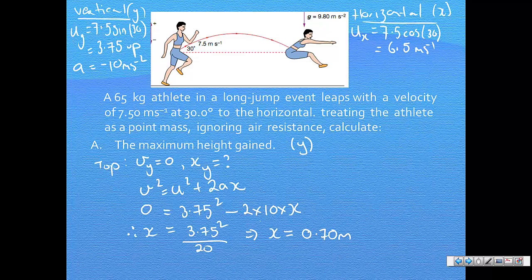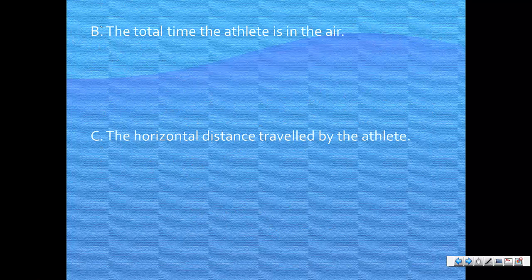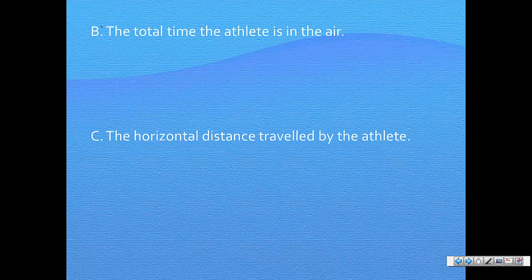Again, how would you find the time? Once again, we could use the same method. If I wanted to find the time of the flight, the time that they're in the air, again, I'd break it up into just the upward section. So if I just consider the upward path, the velocity at the top is 0 once again.